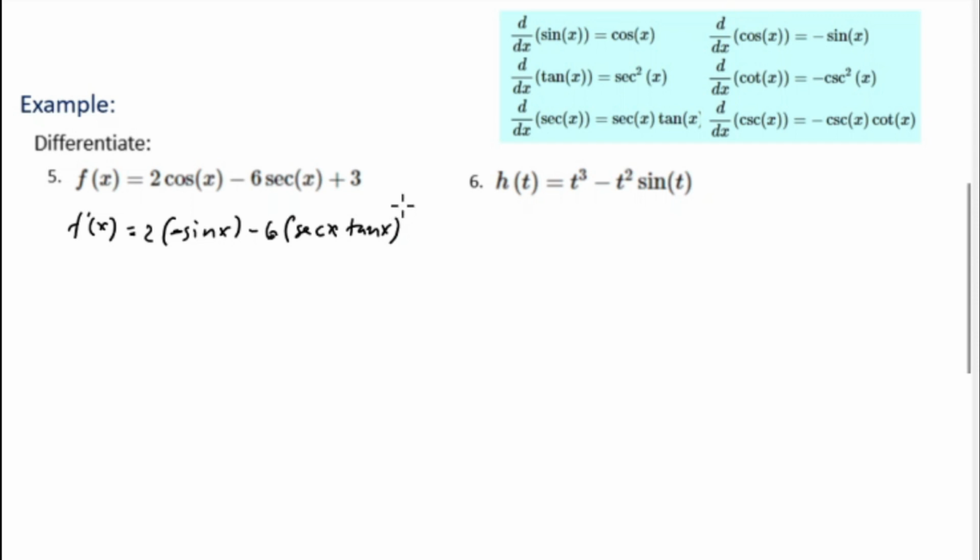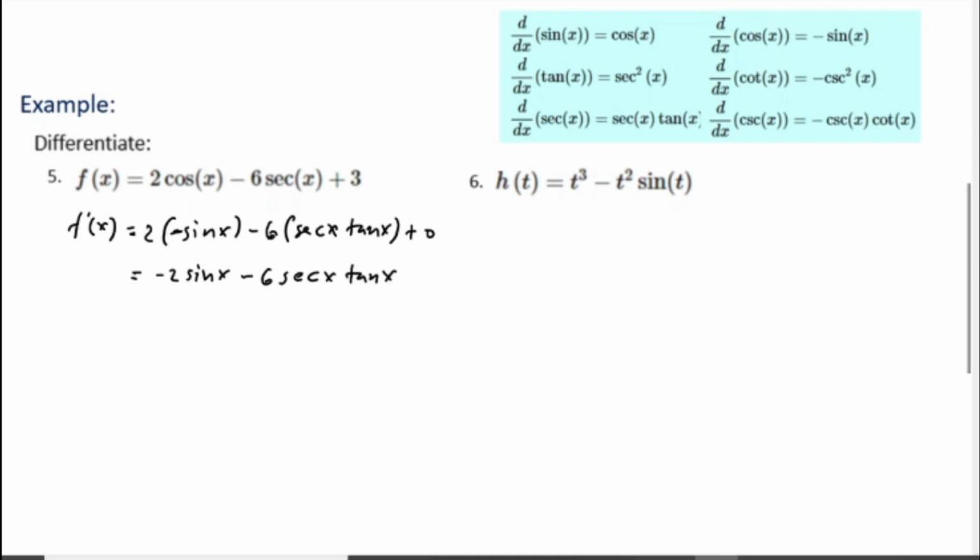And the third term, which is a constant, the derivative of a constant is 0. And simplify. 2 times negative sine of x, or negative 2 sine of x, then minus 6 secant of x tangent of x. And this is the final derivative.